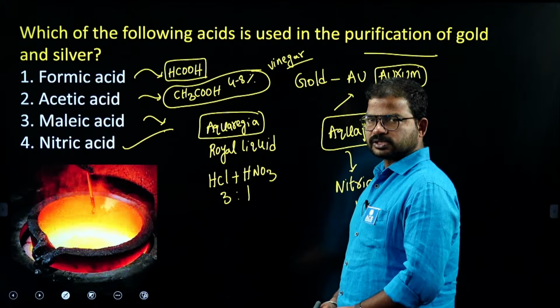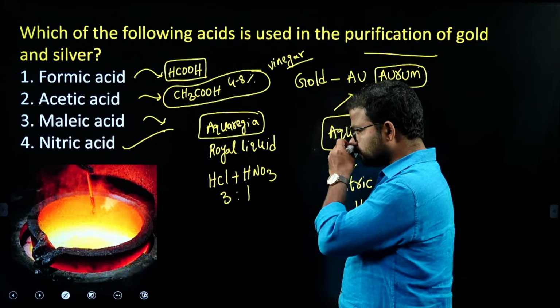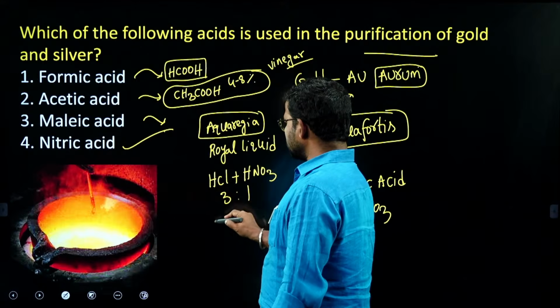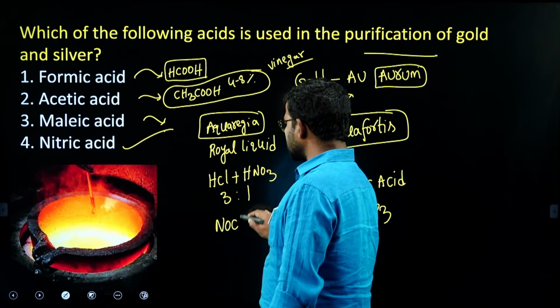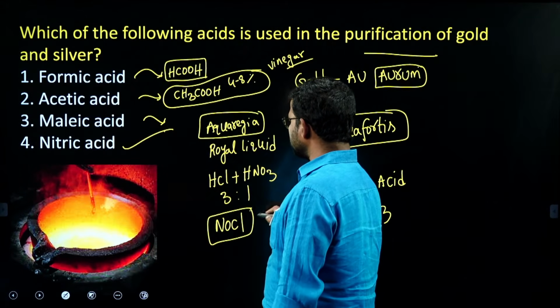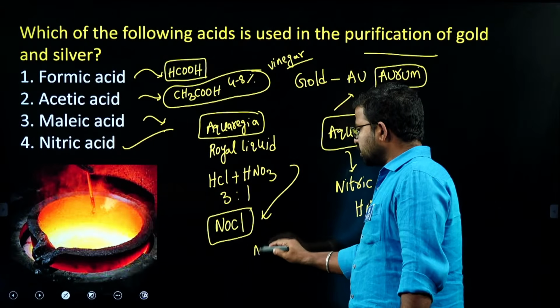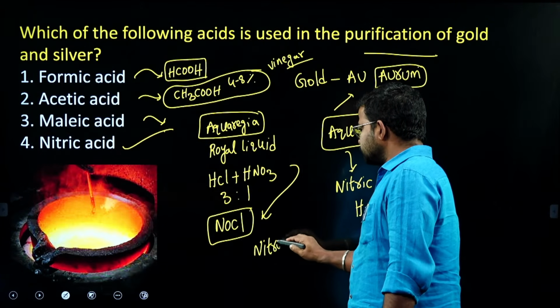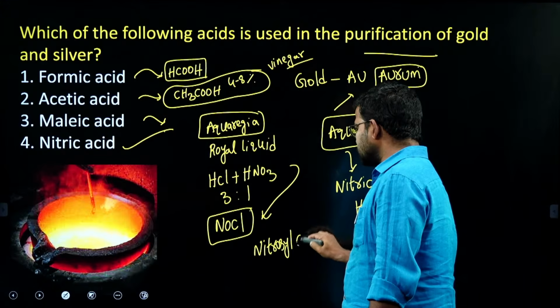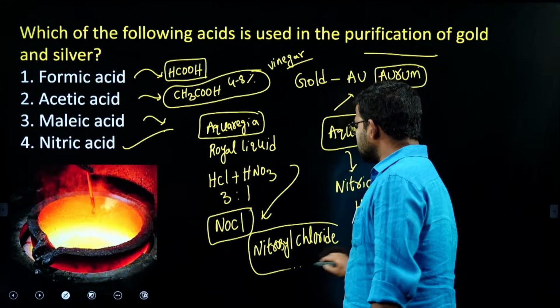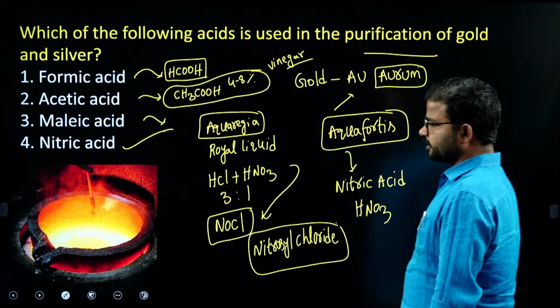In this chemical also, gold can be easily dissolved. Here we get nitrosyl chloride. So gold can also be easily dissolved in nitrosyl chloride.